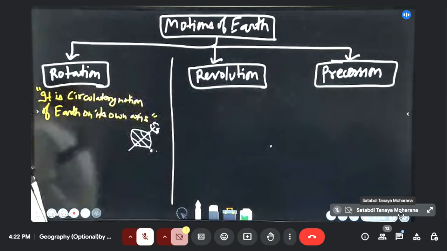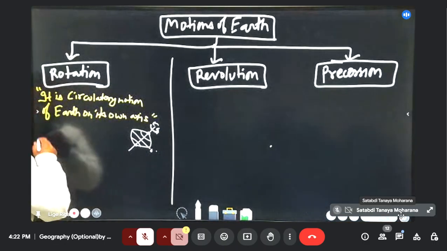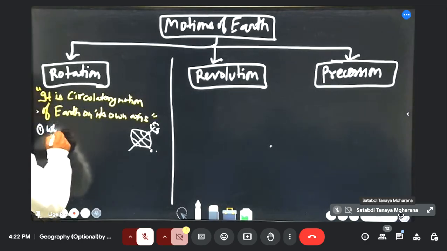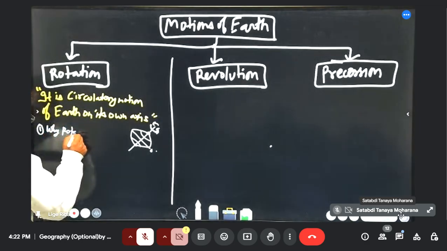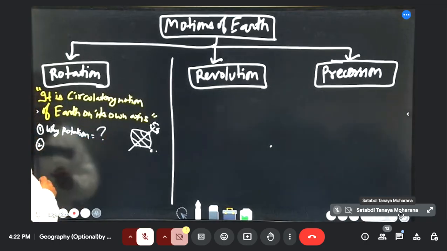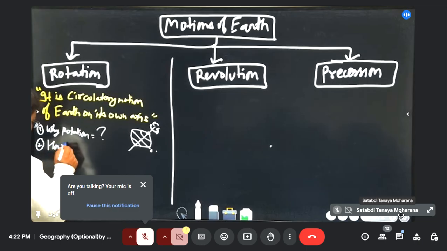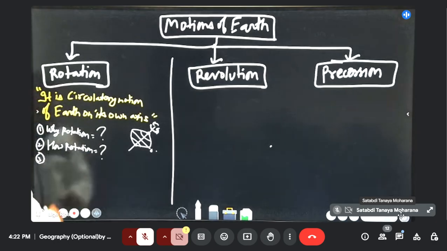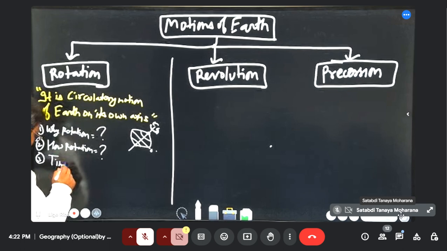So we have certain questions over here. First, why does earth rotate? Second, how does earth rotate? Third, time taken in this rotation.